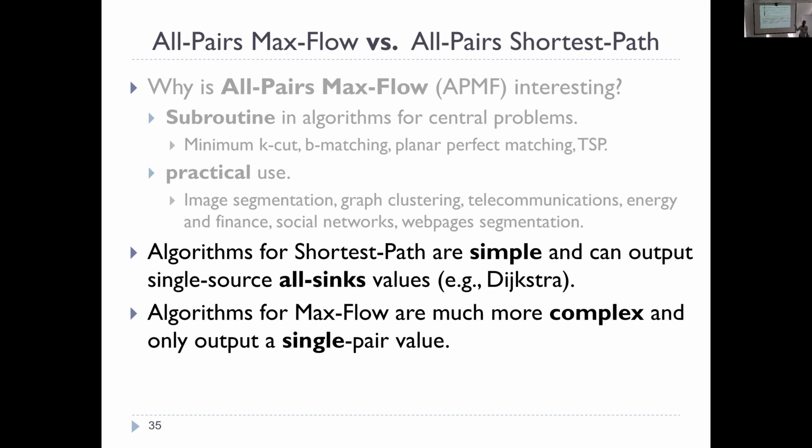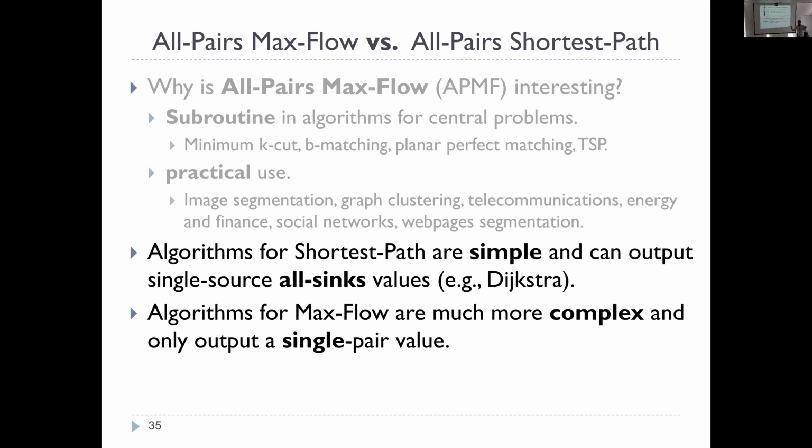You get n-1 values for free, right? So this is the situation in single pair shortest path. But with maximum flow, this is not the case. Algorithms are very complex, and you don't get those extra answers. You just get the value that you ask for, just one pair. So it seems like maximum flow is maybe more difficult than shortest path.